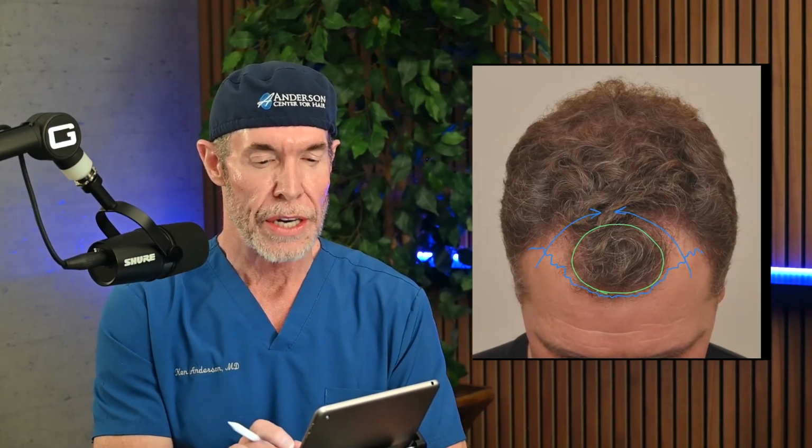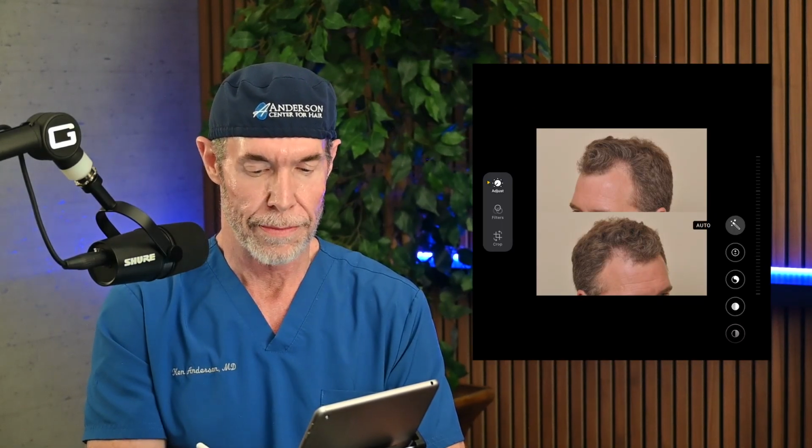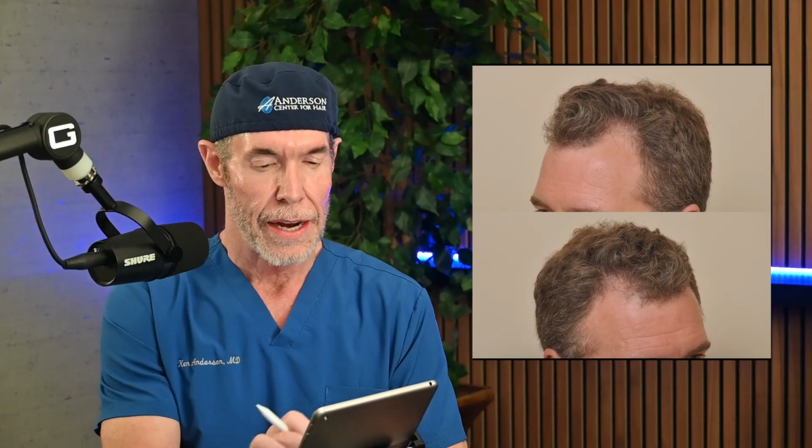So if we move on to the next set of photographs here, looking from the side, you can see he's got some of his little straggler hairs out here.